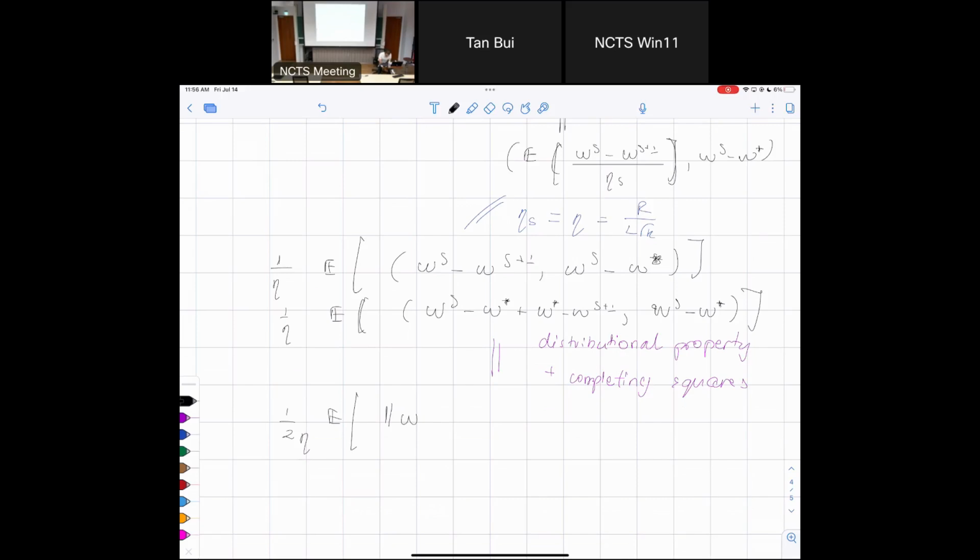Not sure I made any mistake here, give me one second. After you complete the square, you have (W_S minus W_{S+1}) squared, plus W_S minus W star, and you expand them out and complete the square, you get this. So please finish those things.